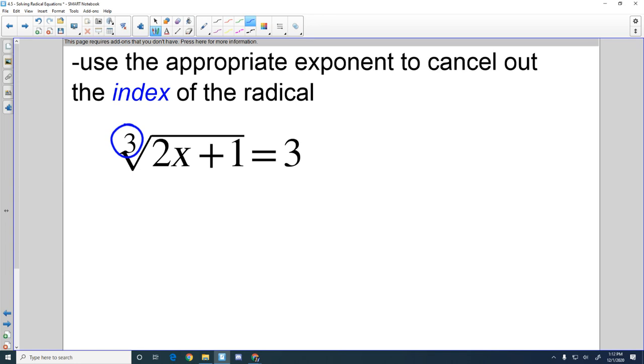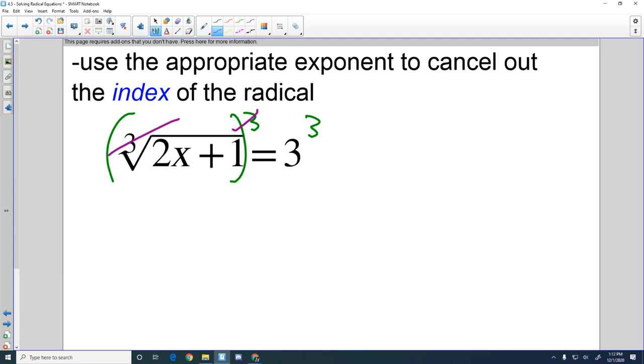You cube it. Exactly. So all we're going to do is raise both sides to the third power. This whole thing on the left gets raised to the third power. Everything on the right side gets raised to the third power as well. Now on the left side, the cube root and the cube just cancel each other out because they're opposite operations.